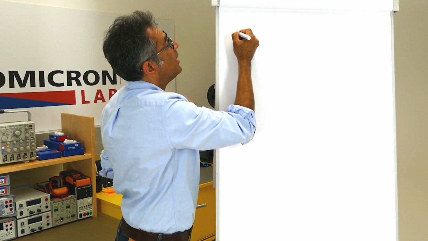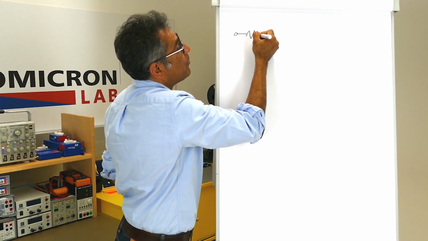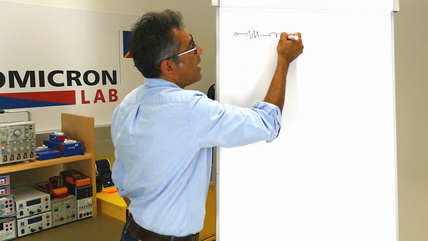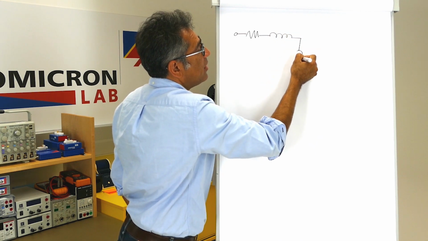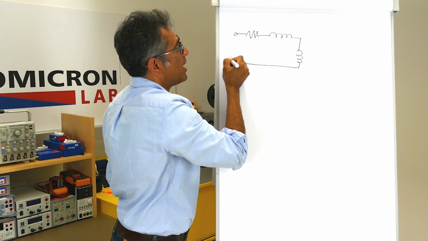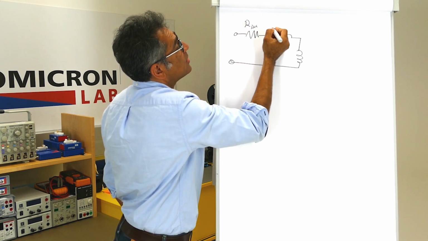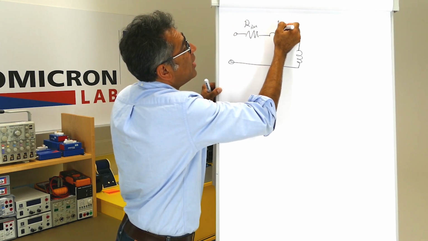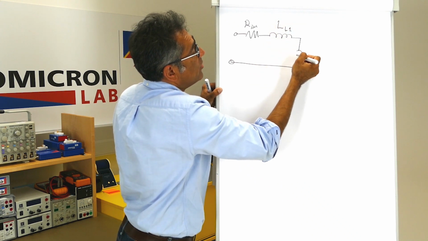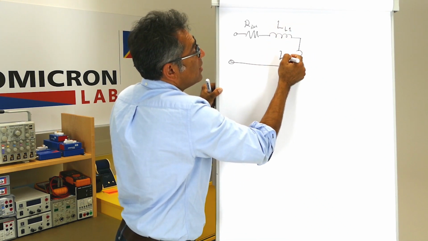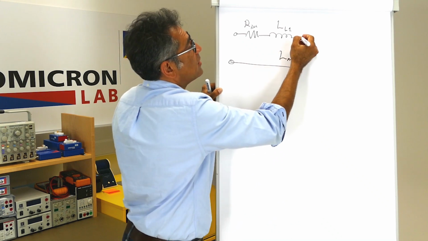on the primary side, I have some parasitic resistance, I have some leakage, then I have some magnetizing inductance. There we go, that is my primary resistance. Then I have my leakage on the primary. Then I have got my magnetizing inductance.